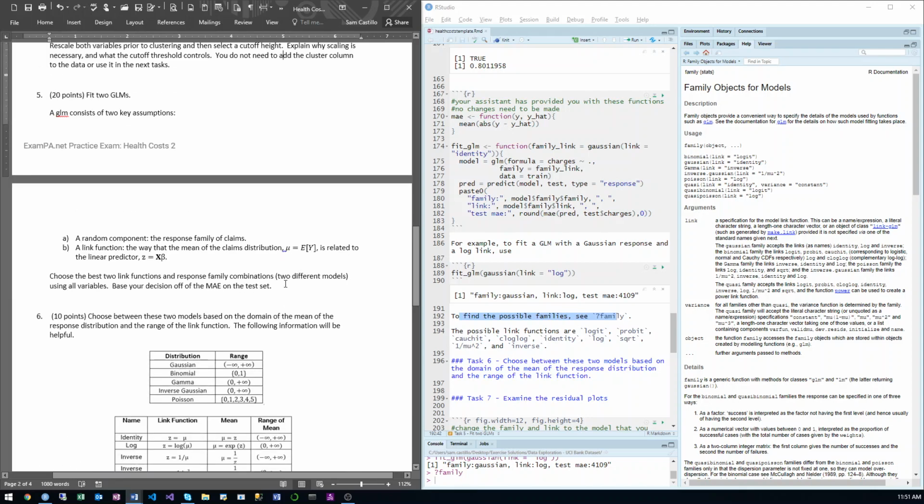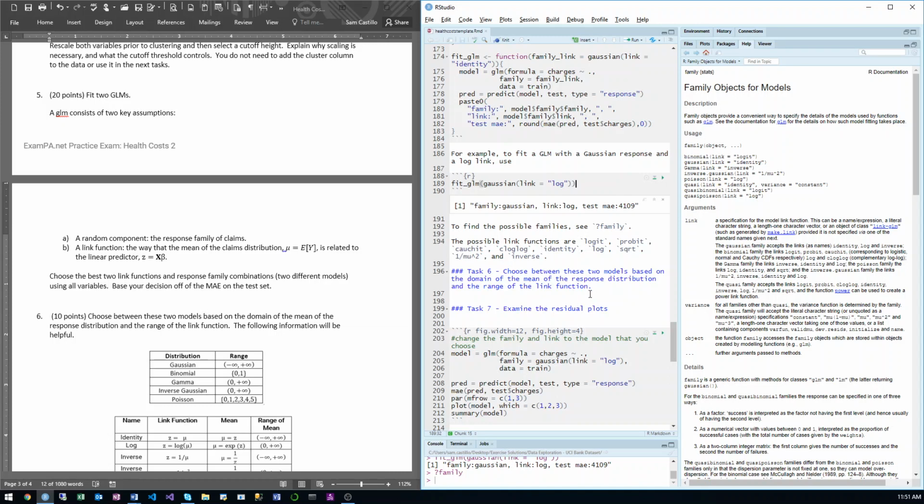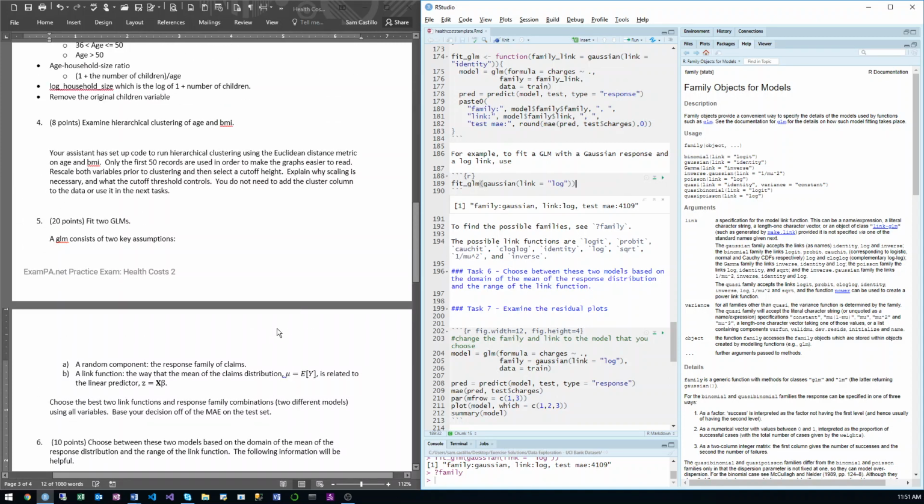But I think at this point I'm getting a little bit ahead of myself because this just says choose the best link functions and response family combinations. Base your decision off of MAE on the test set. So all that I need to do is just test out a bunch of different combinations and then choose the two which have the lowest MAE.